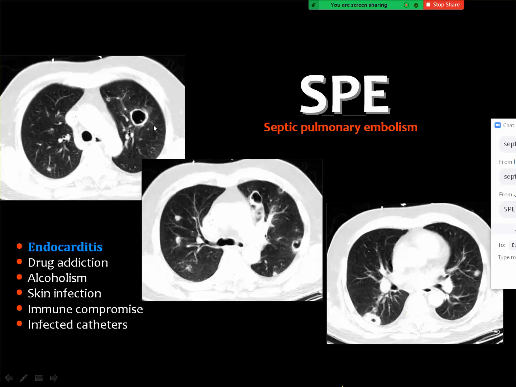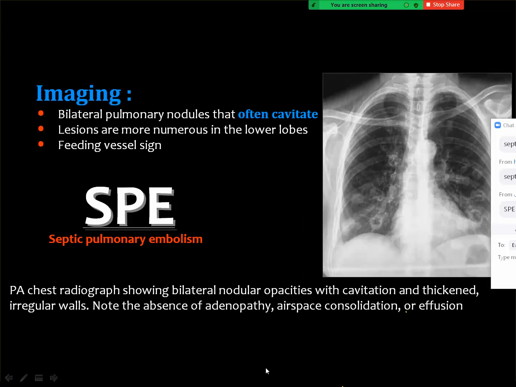The differential diagnosis will include, of course, metastatic deposits, septic emboli, Wagner granulomatosis, rheumatoid nodules, for example. All these nodules can cavitate.